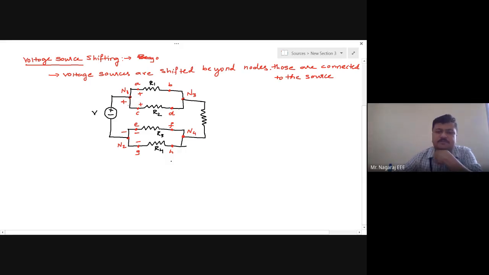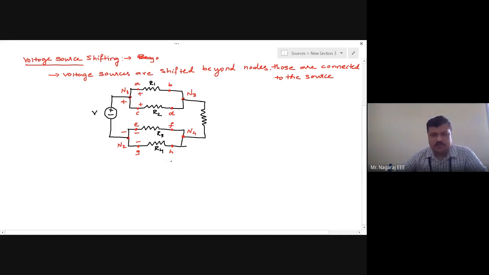A and C are connected to N1, and N1 is connected to the positive terminal of the voltage source, so A and C are also at positive potential. Is it right?